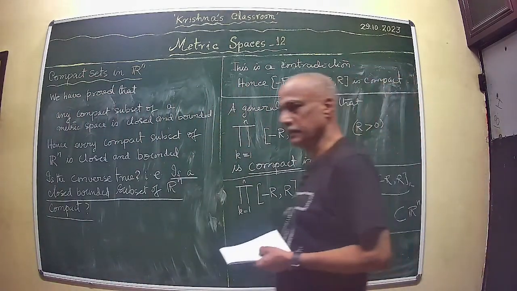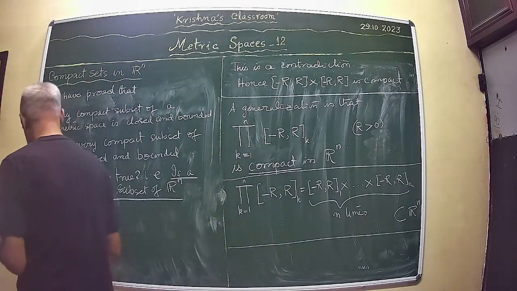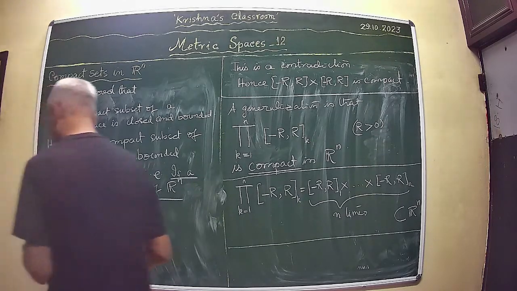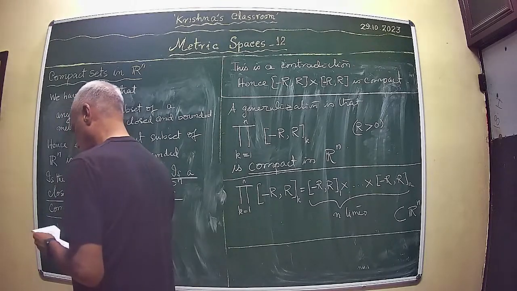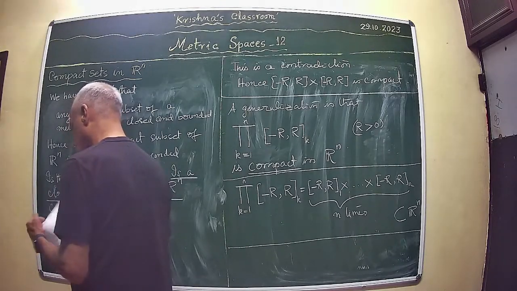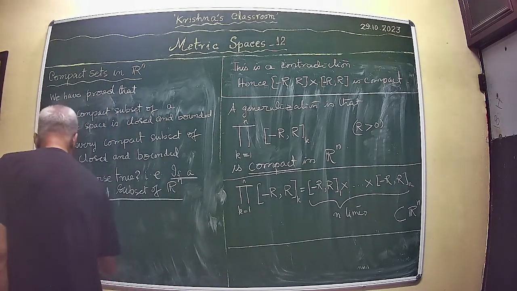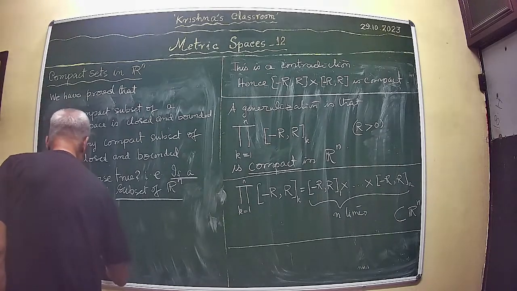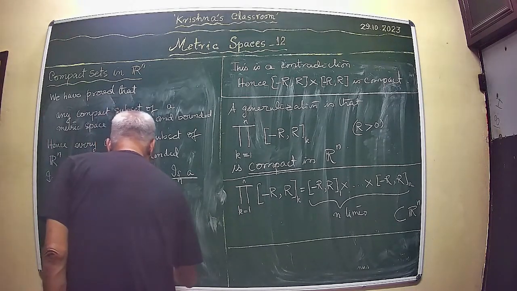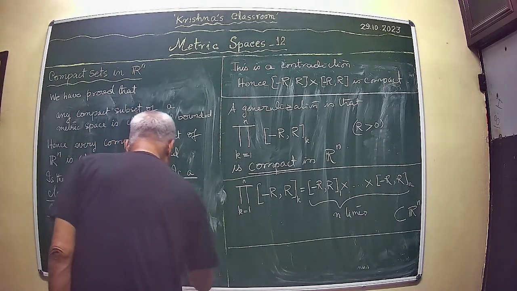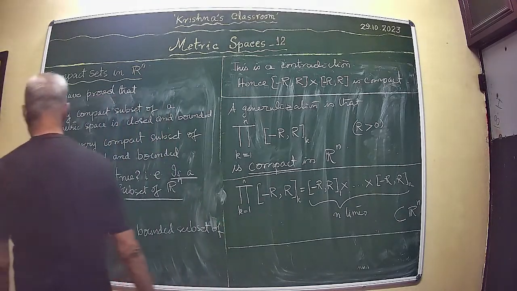Now, let B be a closed and bounded subset of Rn.